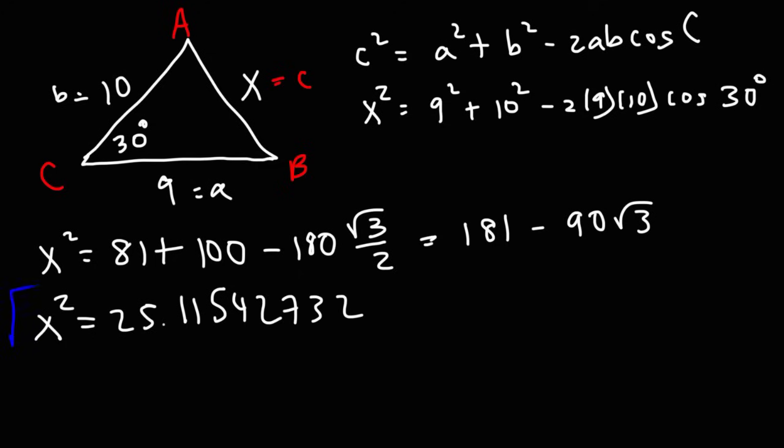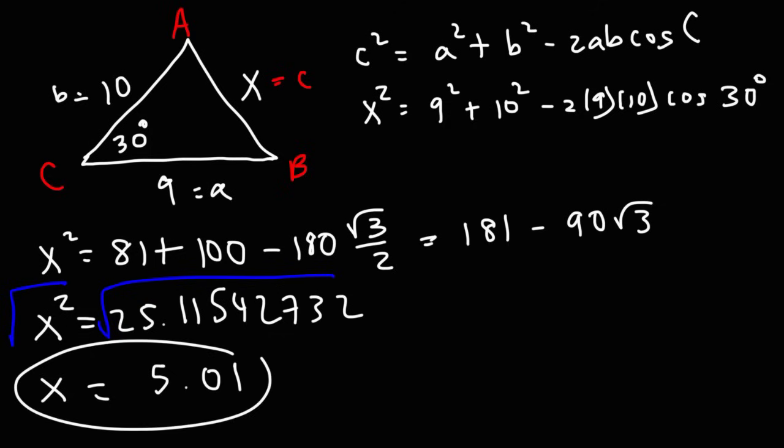So now let's take the square root of both sides to get the value of x. So x is equal to 5.01. At least that's the rounded answer. So that's how you can calculate the missing side of the triangle if you know two sides and the included angle. You could use the law of cosines.